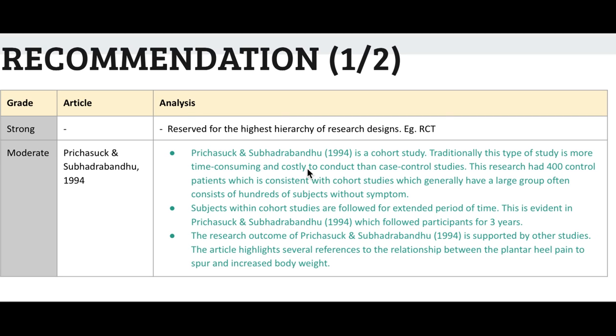Subjects within cohort studies are followed for an extended period of time. This is evident in this research, which followed participants for 3 years. The research outcome is supported by other studies as well. The article highlights several references to the relationship between plantar heel pain, heel spur, and increased BMI.